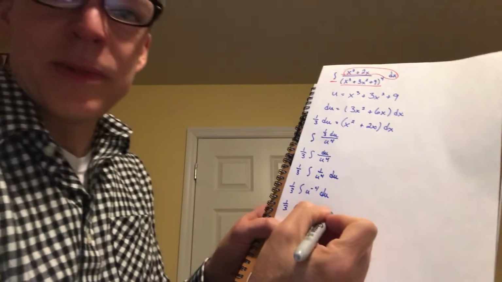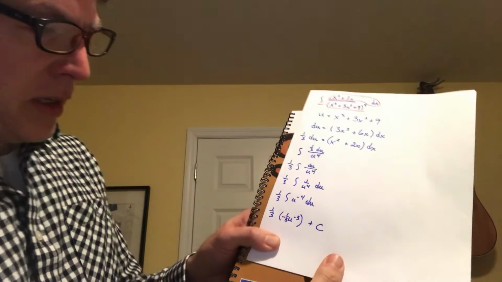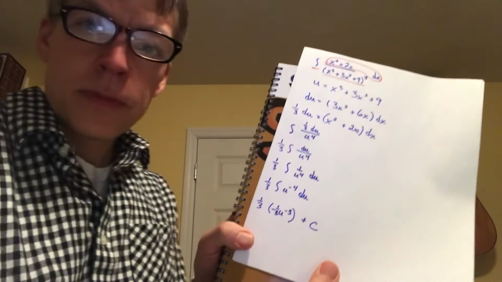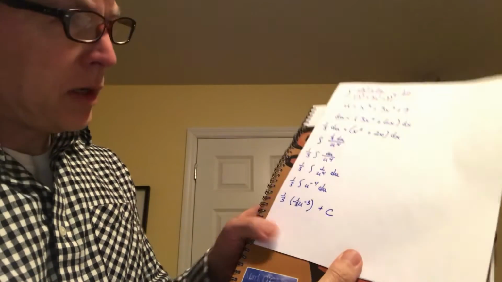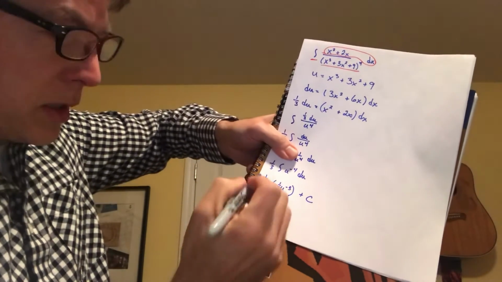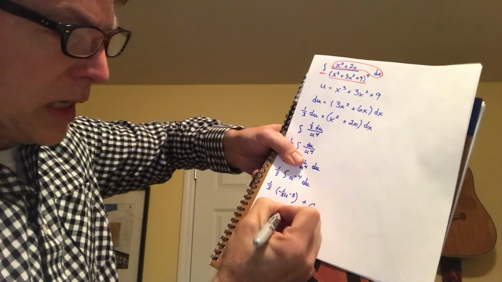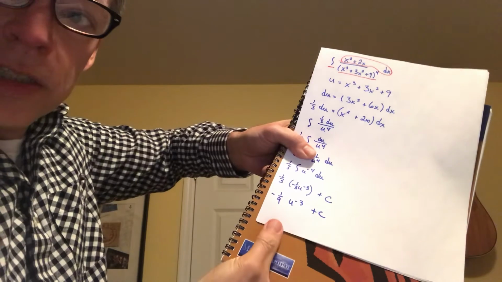Plus c. Let me just make sure I got that right. Yeah, I did. Okay, so you guys got that? And then can I make this be -1/9 u to the -3 plus c? Right, I just multiplied the two fractions together.